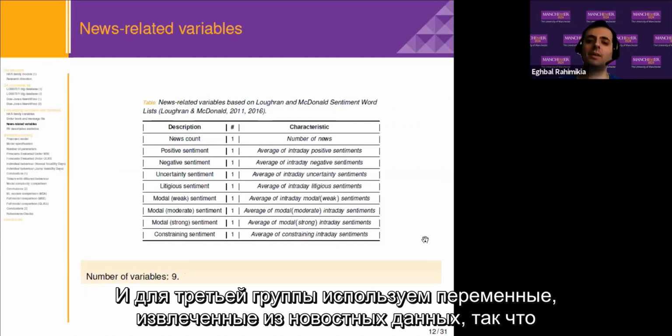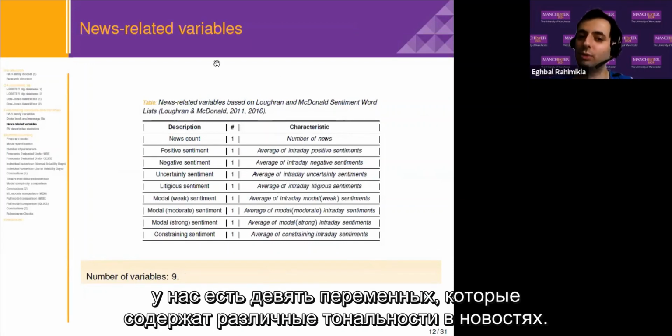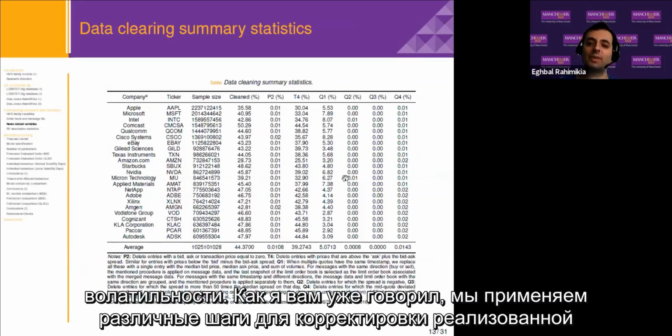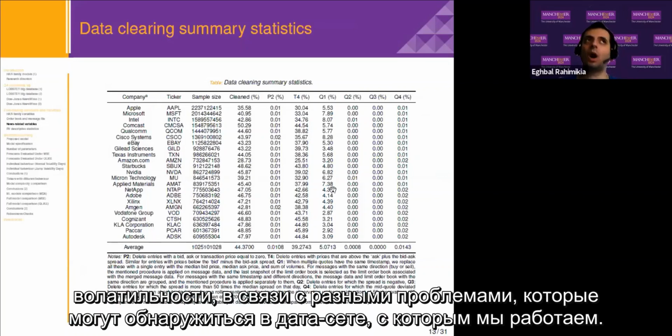And for the third group, we are using variables extracted from news data. So we have 9 variables, different sentiments in the news. This is the descriptive statistics, or the cleaning statistics, of our realized volatility. As I told you, we are applying different steps for cleaning our realized volatility data set because of the problems we may have in the data.